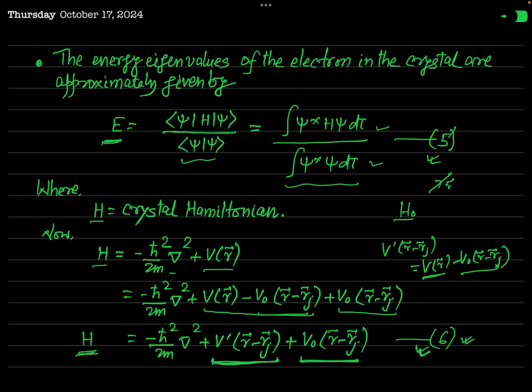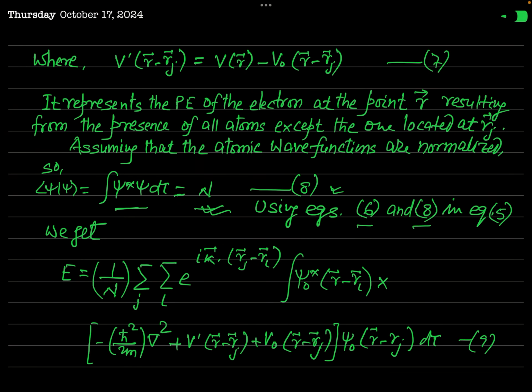And so you can see this energy eigenvalue E will be equal to what?